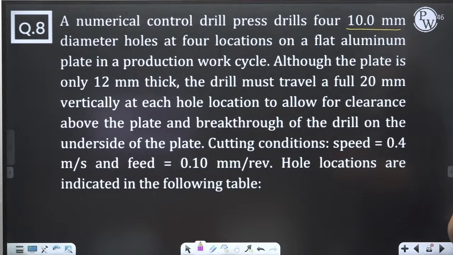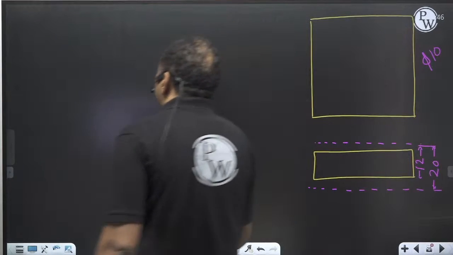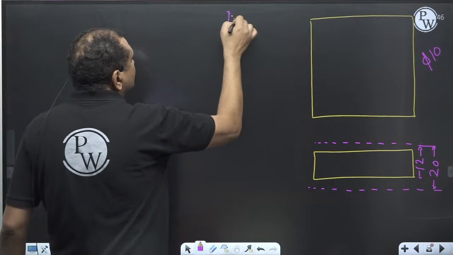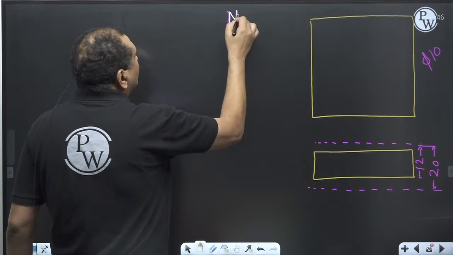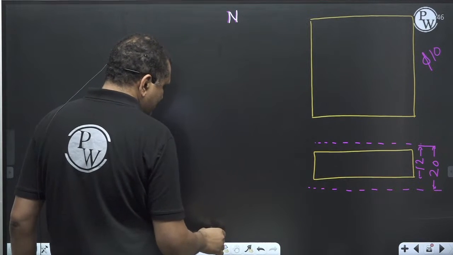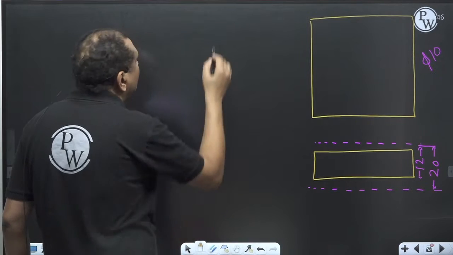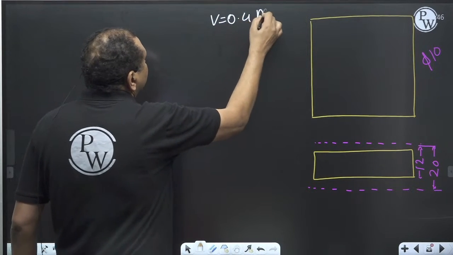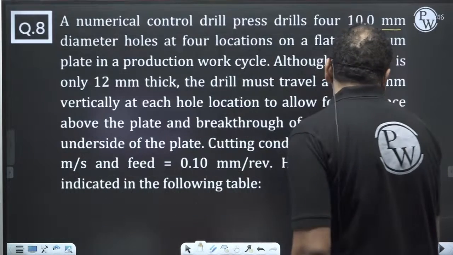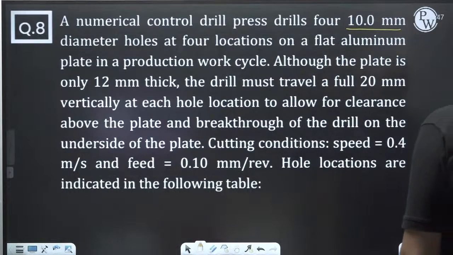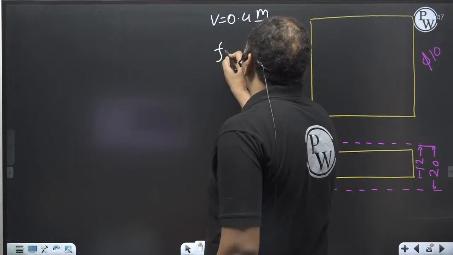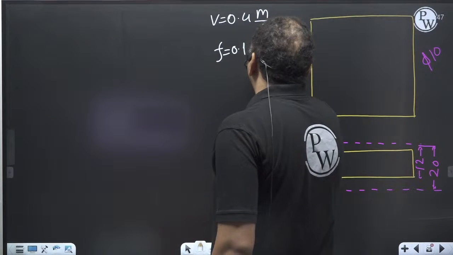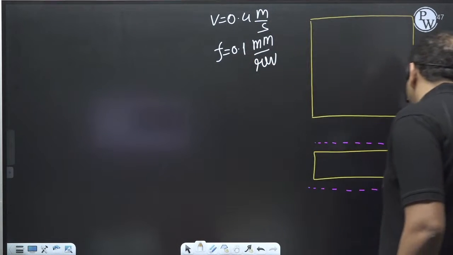Cutting conditions are: speed is 0.4 meters per second, and the feed is 0.1 millimeters per revolution.